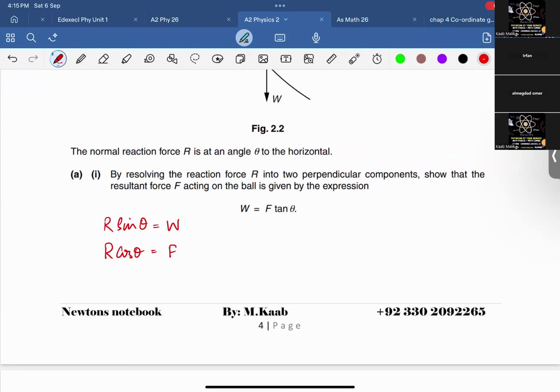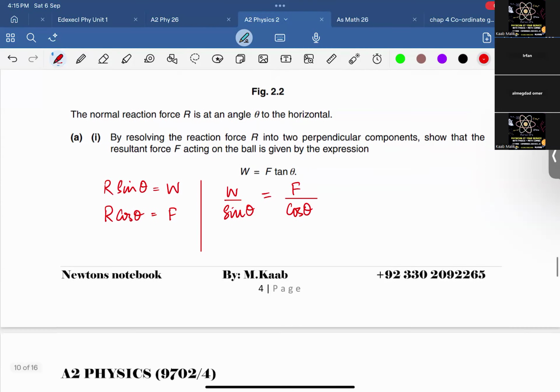Now we can make R the subject from both of the cases and we can solve. So when you make R the subject and equate, your equation will be W over sine theta equals F over cos theta. This is the equation, right?